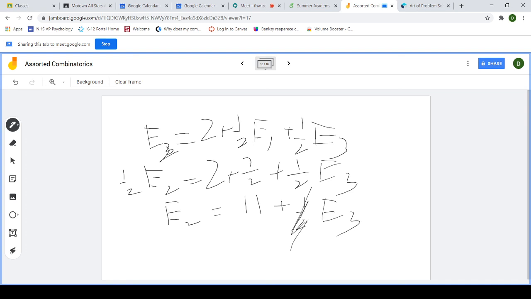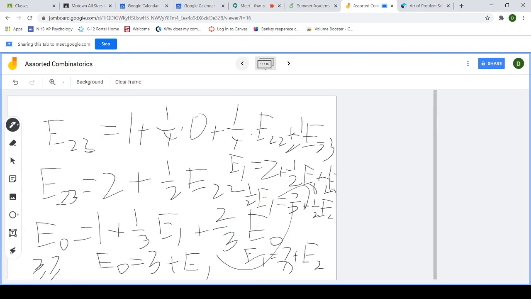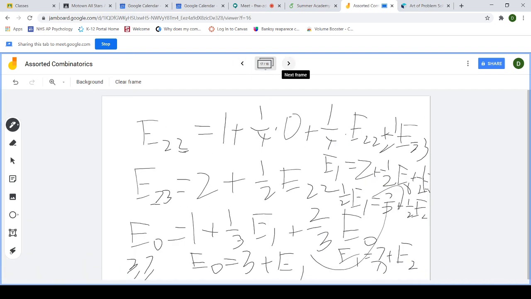You can actually get a pattern here. E2 is 11 plus E3, E3 is 15 plus E4, E4 is 19 plus E5, and so on. You can continue this all the way until we get up to 23, and then from there you can figure out exactly what E23 is. Once you figure out what E23 is, just go backwards to figure out what E21 is.